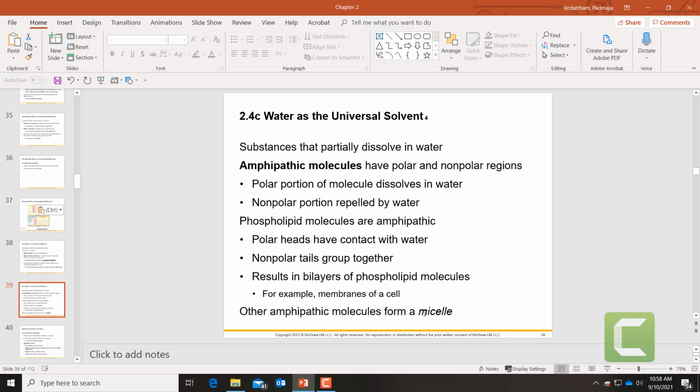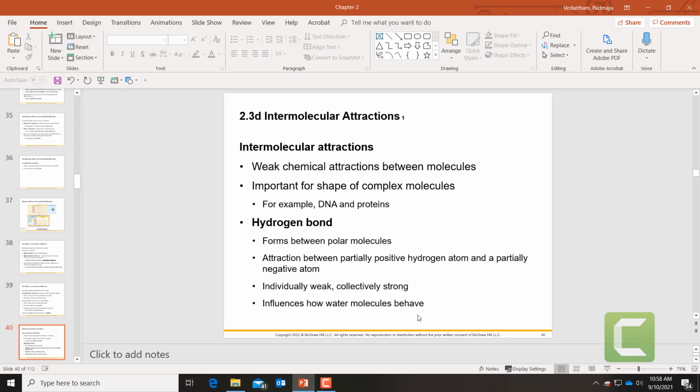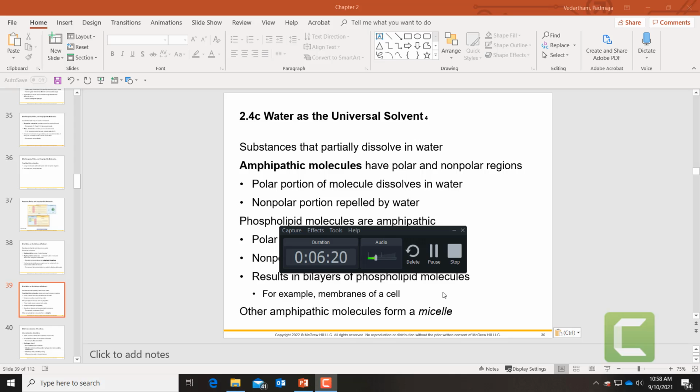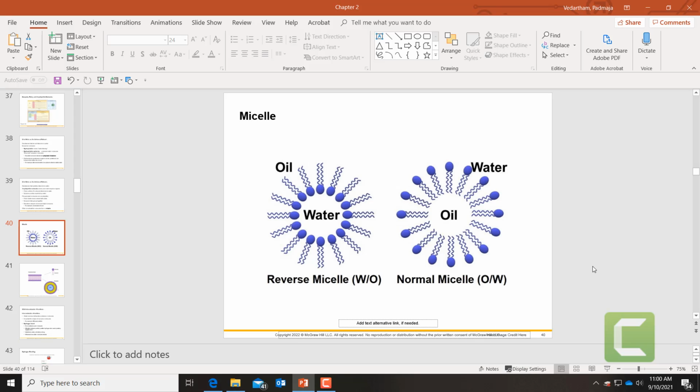Other amphipathic molecules form a micelle. I wish I could draw this. A micelle forms a rounded structure where the polar heads are facing the water and the tails are inside. Let me see if I can find some structure. Okay, so this is a micelle. Here you have the phospholipid head. This is a phospholipid. You have the phosphate head, and these are the two fatty acid tails.